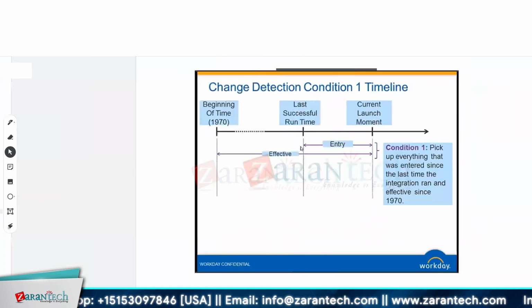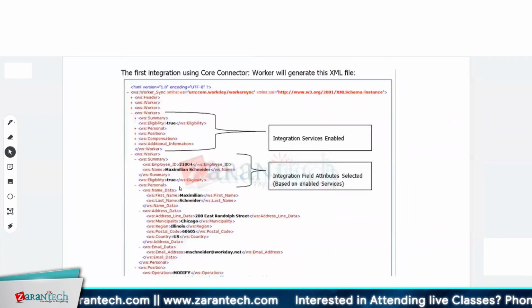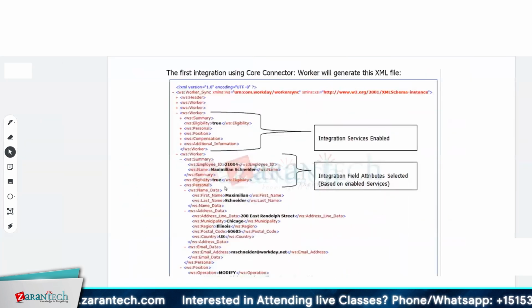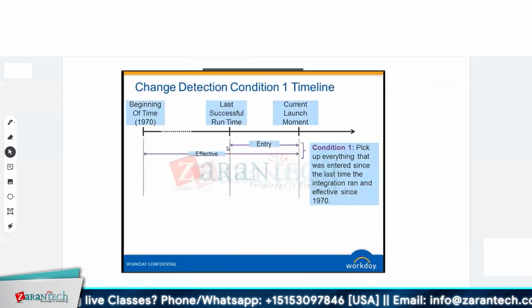Let me see if I have an example. I don't have an example, but let's say Joy Banks has a phone number listed for the output file to make sure that it comes out when the integration runs.